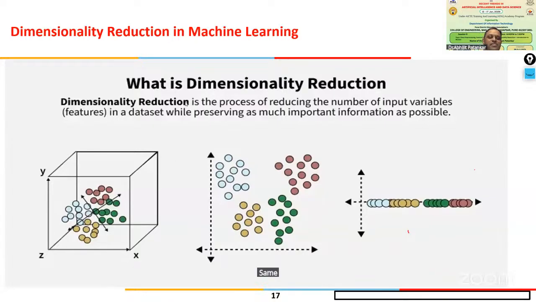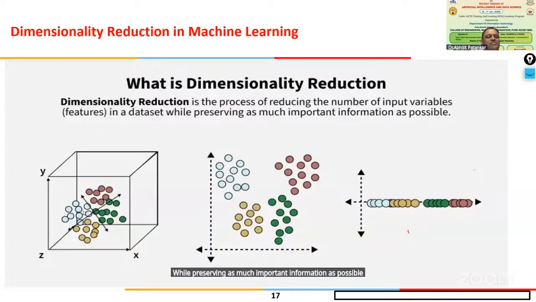Dimensionality reduction is a process of reducing the number of input variables. We call them features. So this is one feature, this is another feature, this is another feature in the data set, while preserving as much important information as possible.